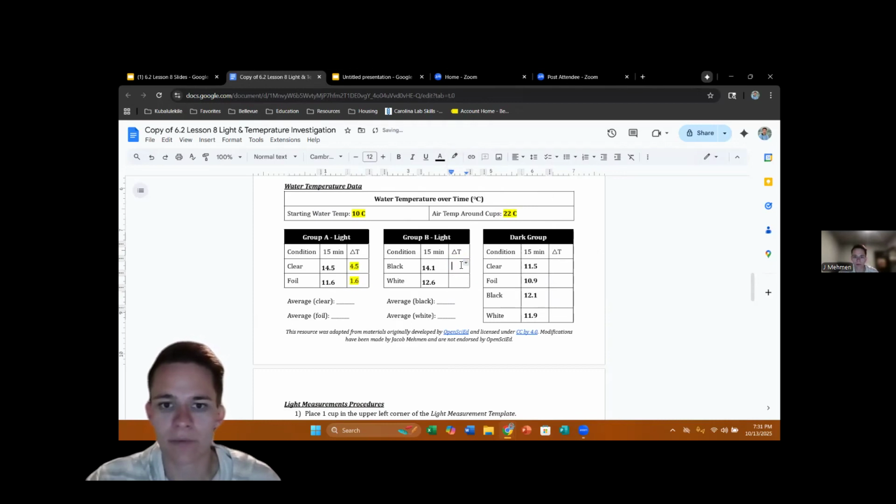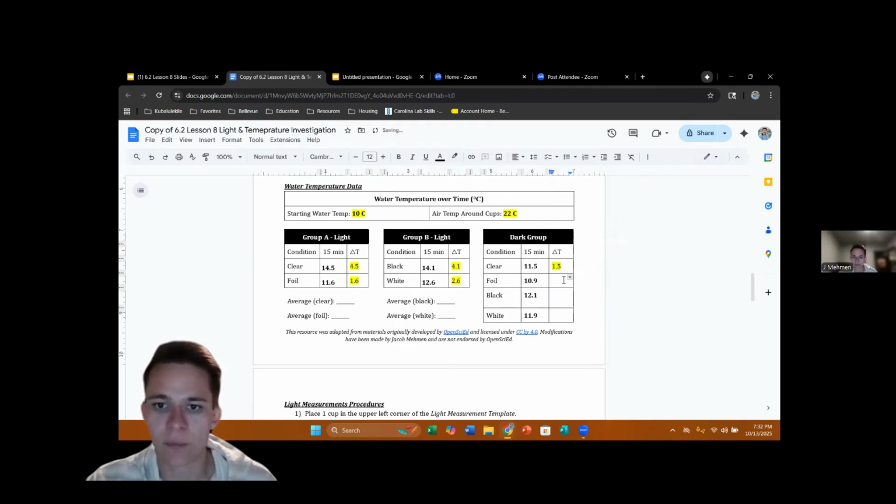Our black cup, if we subtract 10 degrees from 14.1, we get 4.1. And for our white cup, if we take 12.6 and subtract 10, we get 2.6. Our dark group, if we subtract 10 from 11.5, we get 1.5.